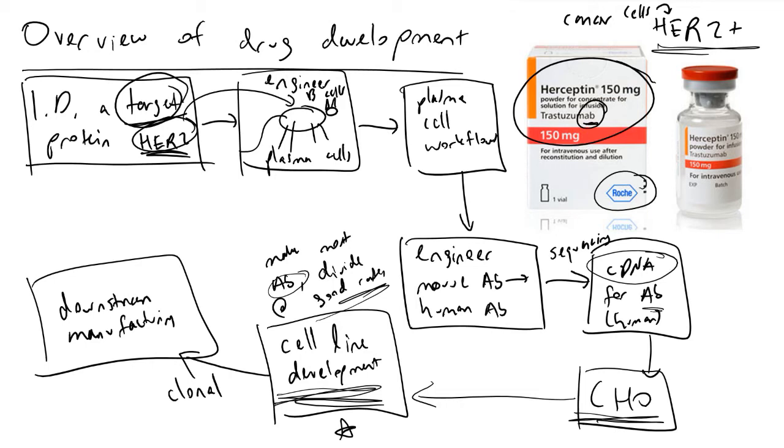By the time we're at the batch scale, typically we're going to have enough of our antibodies that we can sell it in the form of Herceptin or whatever our final product is, so that we can start curing cancer, or at least mitigating some of the bad effects of it for our patients.